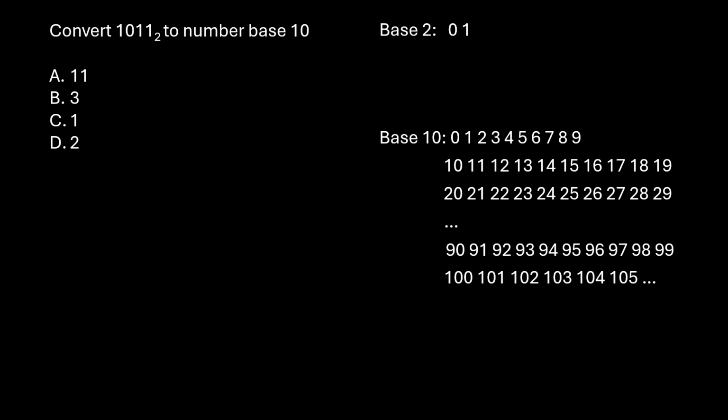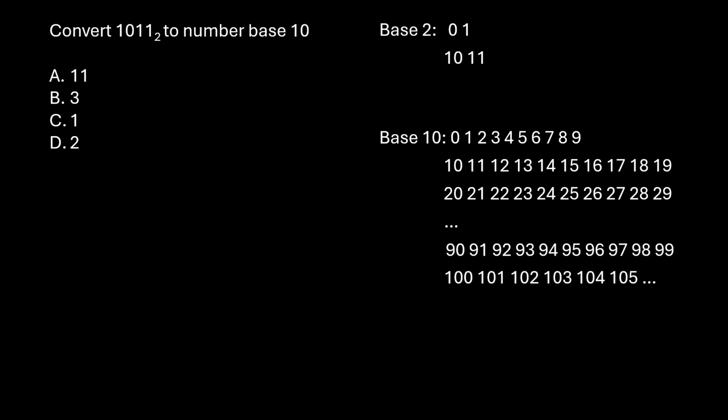So 0, 1, and to go from 1 to 2, it will be 1, 0 in base 2, because we have exhausted the numerals at 1. So to go from 1 to 2, we have to displace another digit, and then start repeating the numerals again.